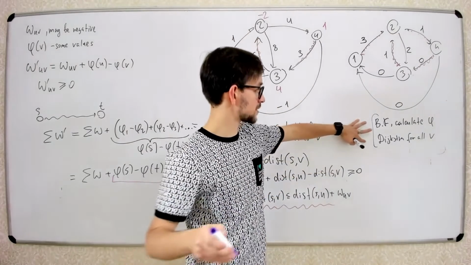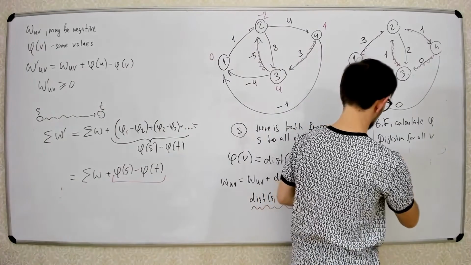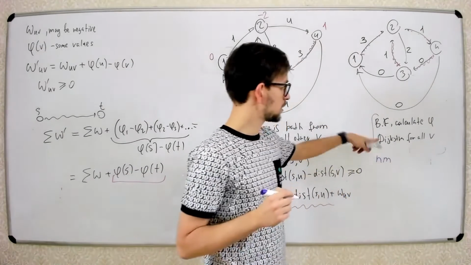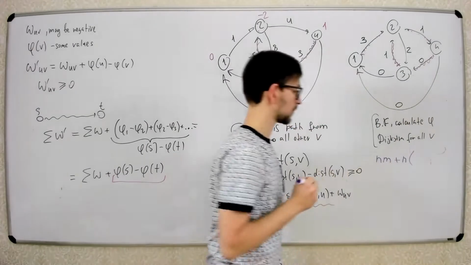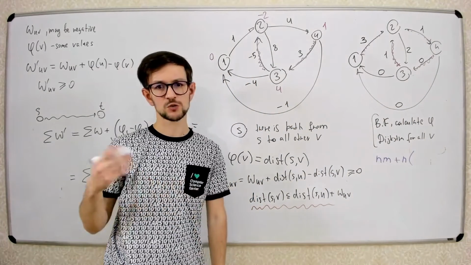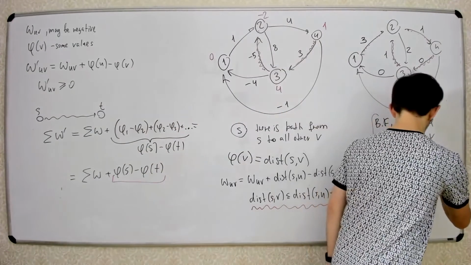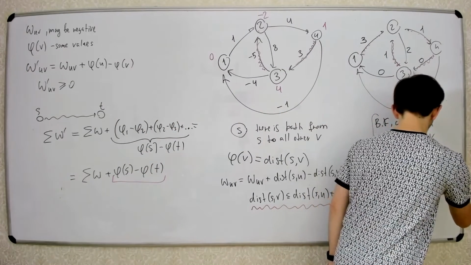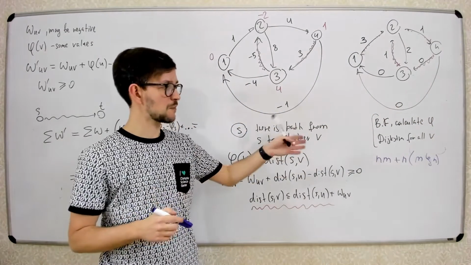What will be the time complexity? Bellman-Ford uses nm. Dijkstra uses n times one Dijkstra run. Well, if you just use a binary heap, it will run in m log n time, or you can use a Fibonacci heap and run in m plus n log n time.